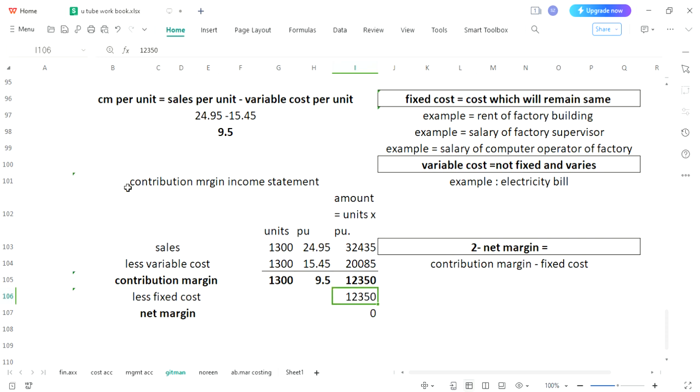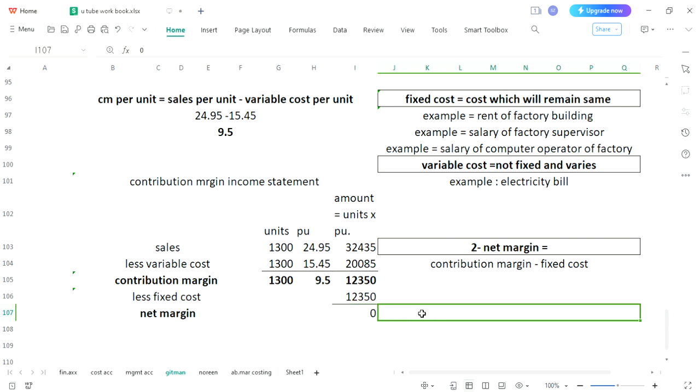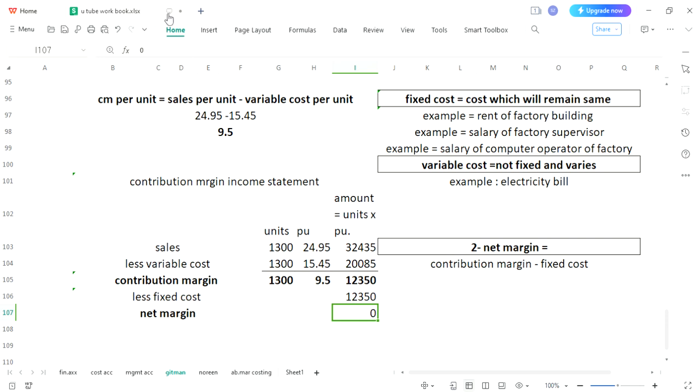A separator we are making, and kindly note down what we have done. Since we haven't subtracted yet, to calculate net margin you need to subtract your fixed cost from contribution margin, and we haven't subtracted, but the answer was already written over here, which was 0. So I'm very sure that you have understood the concept.